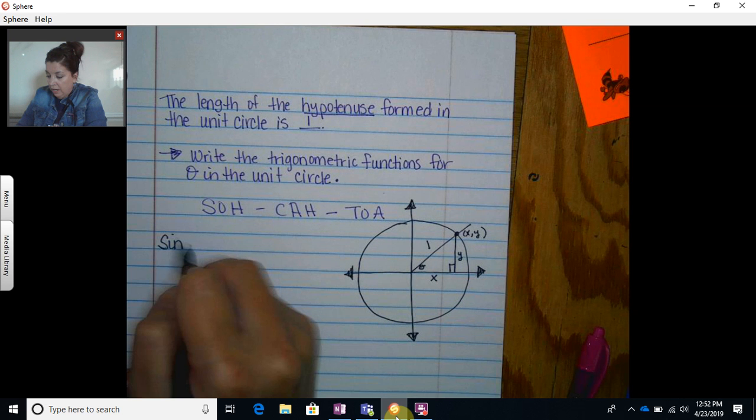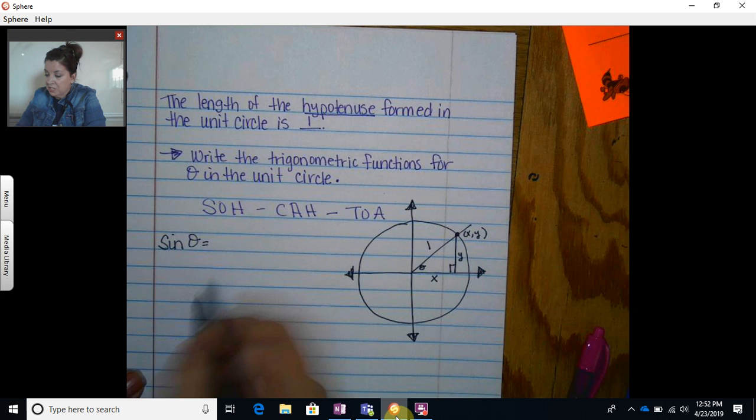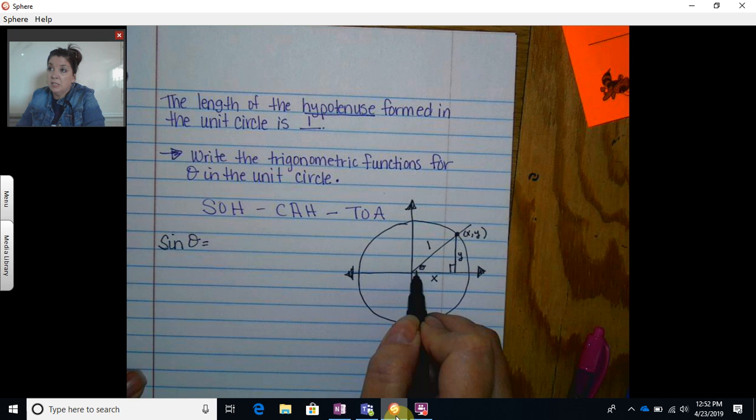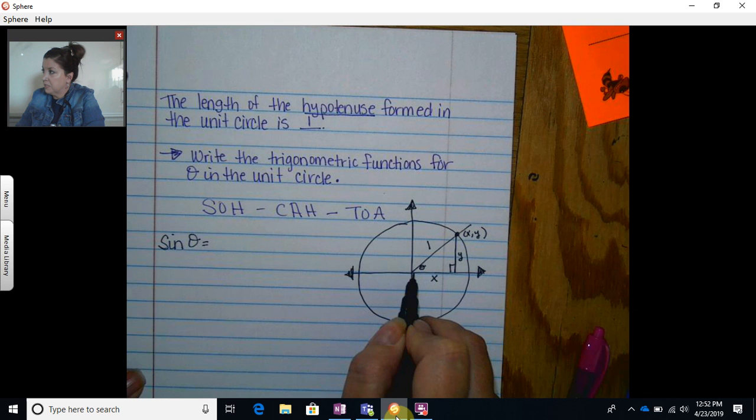So if we are finding the sine of theta, remember sine is opposite over hypotenuse. What leg is opposite of theta? Y. What do I have it labeled as?